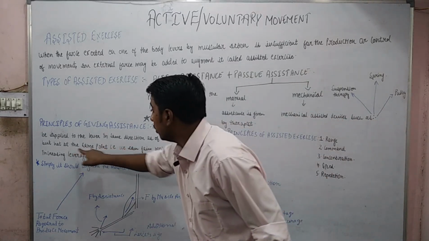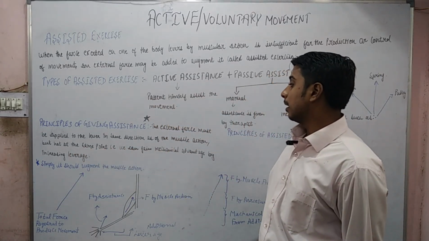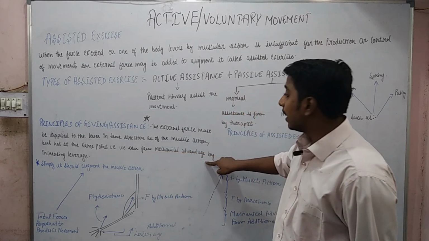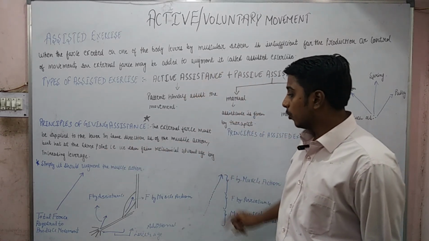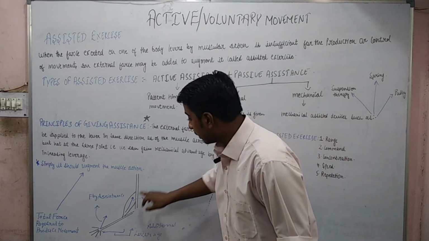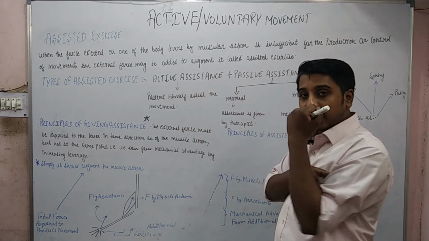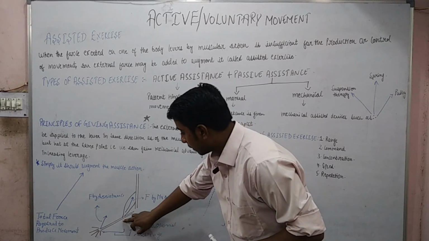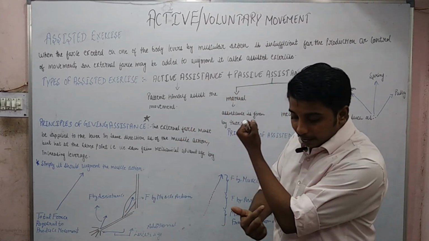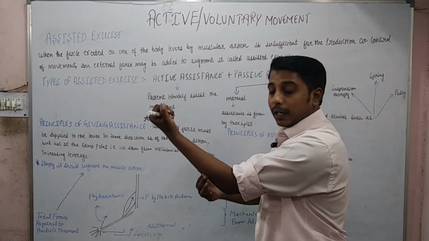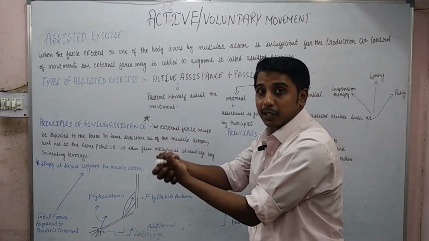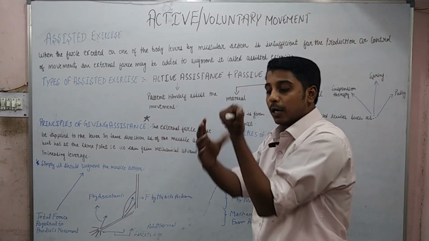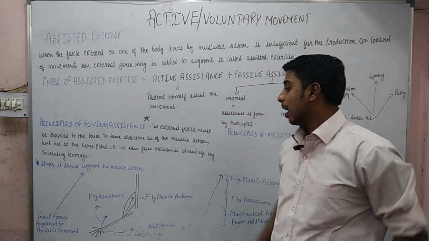Next, but not at the same point. That is, we can gain mechanical advantage by increasing the lever. Now you can see that this is the elbow flexor muscle and it is inserting at this point. It is not necessary to give assistance at this point. We can give assistance at a distal part to gain this mechanical advantage.